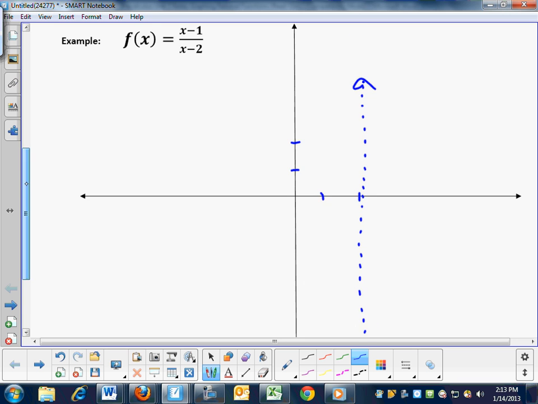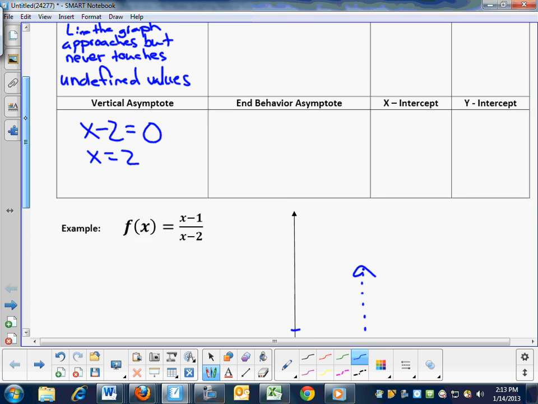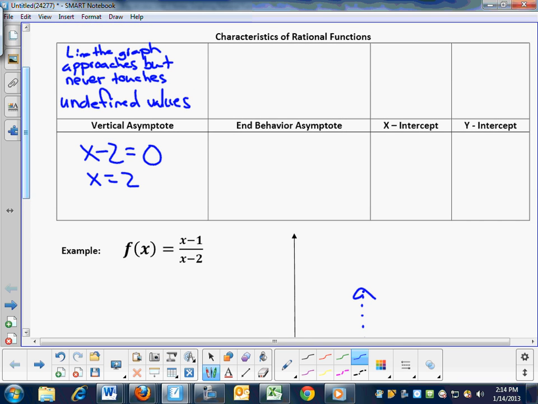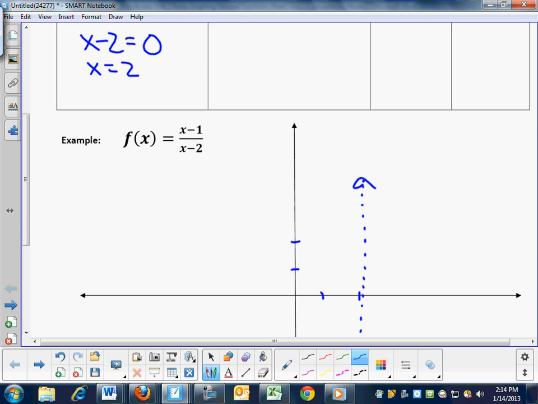Before I do end behavior asymptote, I'm going to talk about x-intercept and y-intercept. The x-intercept is where it crosses the x-axis. But you really have to think through this part. When I cross the x-axis, what's my y value? Good. Let's look at our function. F of x equals x minus 1 over x minus 2.